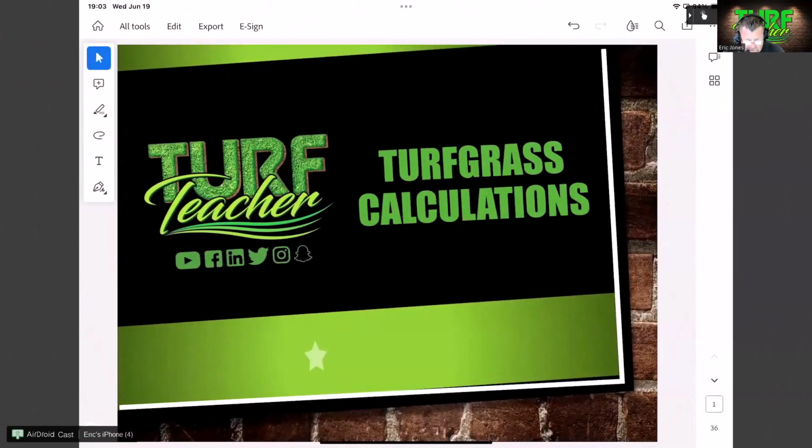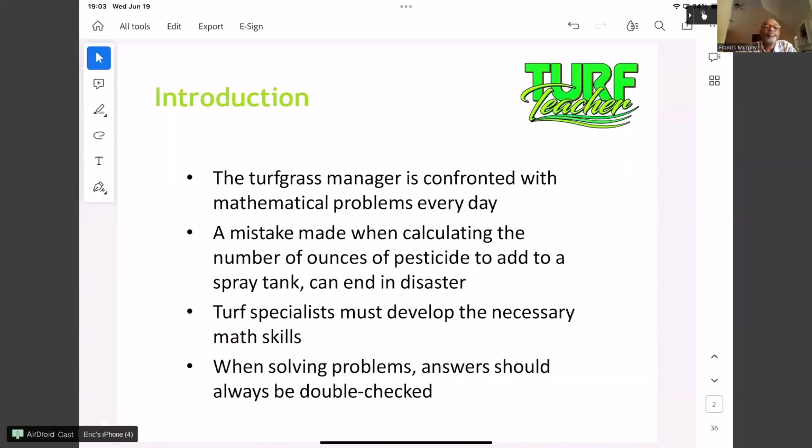We are going to get started with Turfgrass Calculations. The turfgrass manager, every single day, is confronted with math problems, and a lot of people don't like that. It kind of scares them a little bit. I actually enjoy a little bit of, maybe call it confusion, or it's just the thrill of numbers and working through some of these application problems.